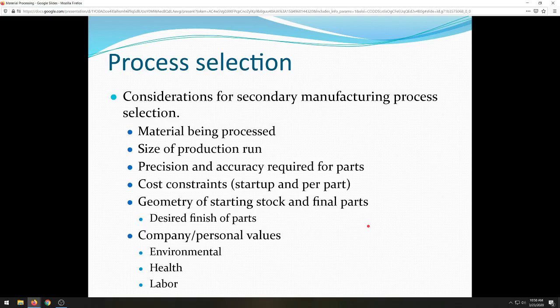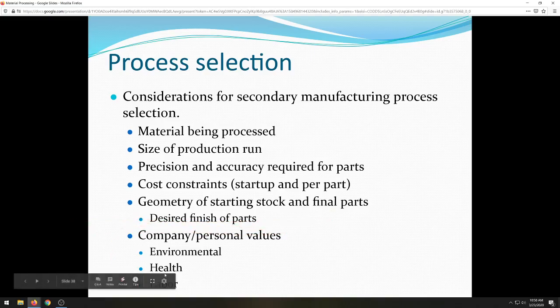Whereas if someone gives me a sheet of plastic, then my options, I could do blow molding if I formed it into more of a tube shape, or vacuum forming. There's all sorts of different options. Again, chemically it could be the same material, but the physical geometry of the starting stock does matter as well.